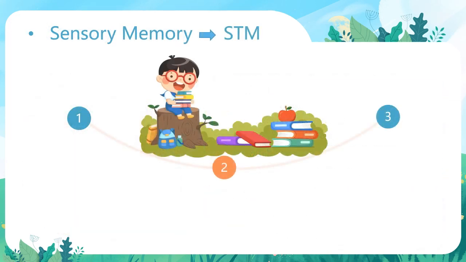After students generate their sensory memory, we need to help them convert sensory memory into short-term memory. There are several approaches that will be useful. For example, attracting students' attention, providing students with chances to organize, and then to repeat their received message. So what do we do in our lesson design?